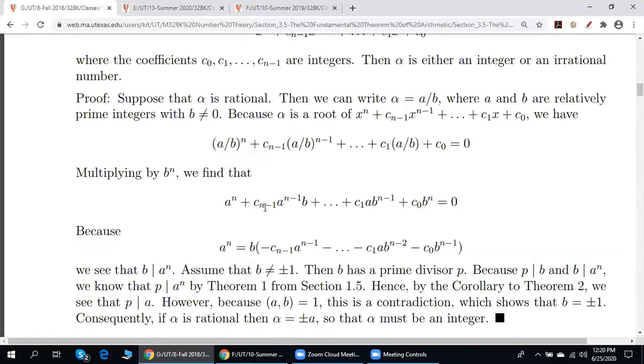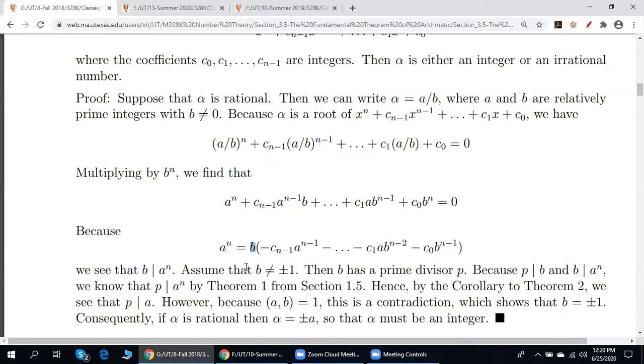Next, move this to the right and factor out b. Done. And now observe that according to what is written here, a to nth power is equal to b times an integer. Conclusion: a to nth power is divisible by b.